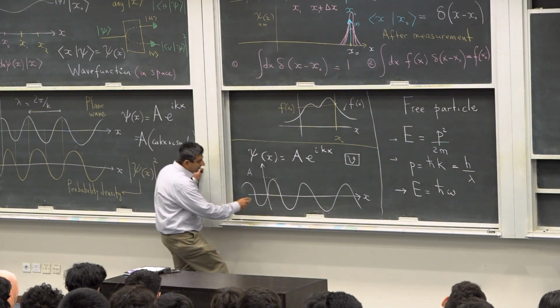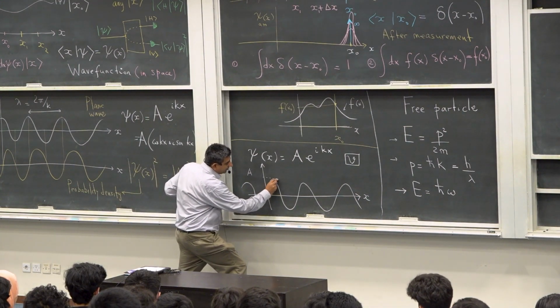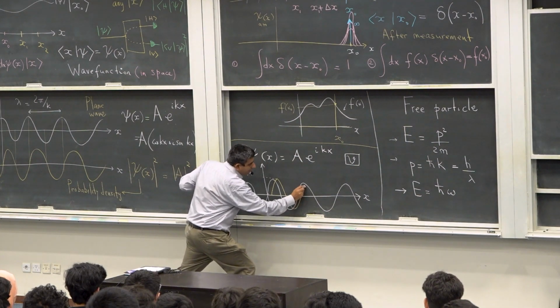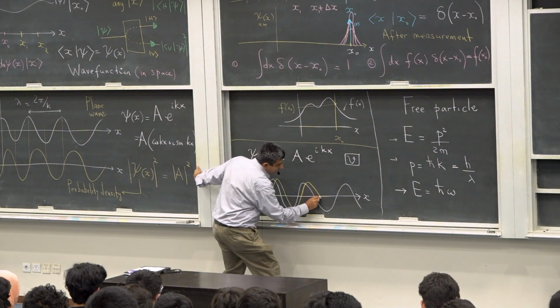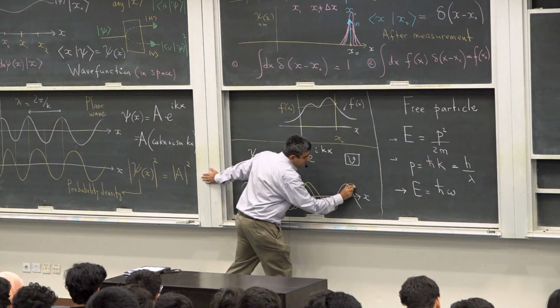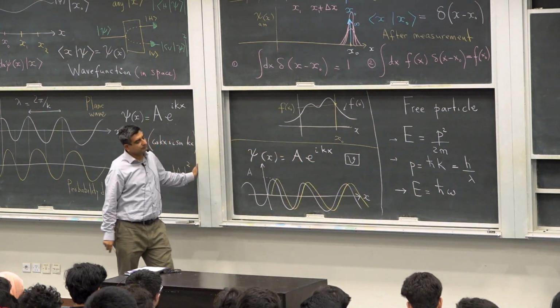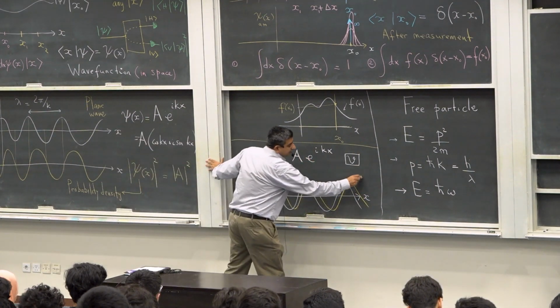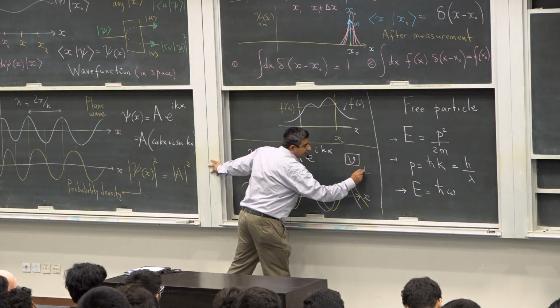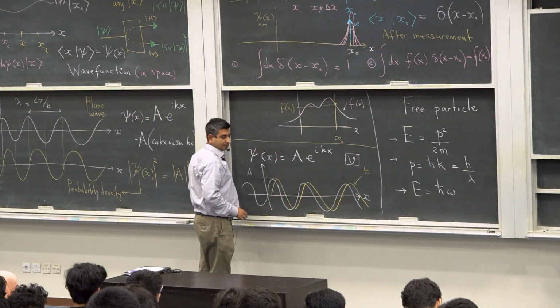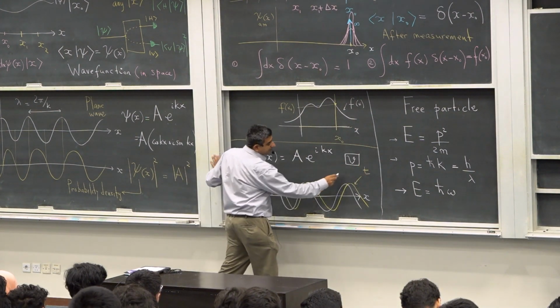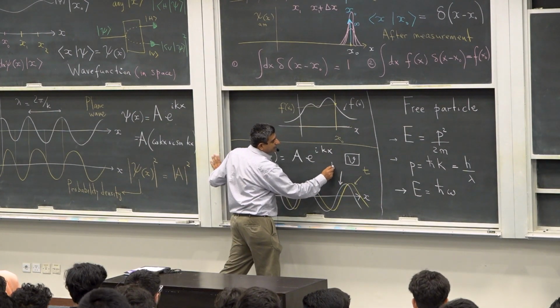And its picture might look like a shifted wave, right? So this is the picture of the wave at time t. The white one is the picture of the wave at time t equals 0.